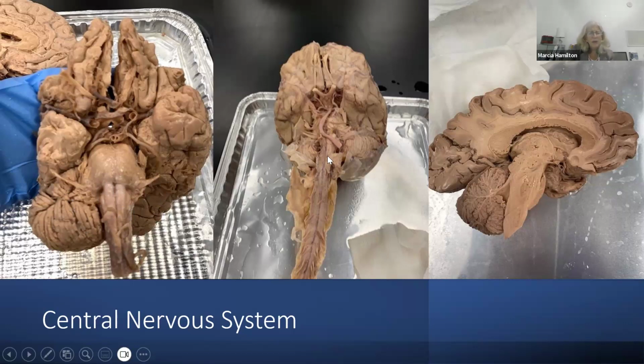Let's go on over to this section, and here we're going to see the inferior surface of the brain, and we can see the outer layer. It looks like it's a film right here. This is part of the meninges. The meninges, there's 3 of them, or 3 main layers. It would be the dura mater, which is the tough outside layer, and then coming in we have arachnoid and pia layer.